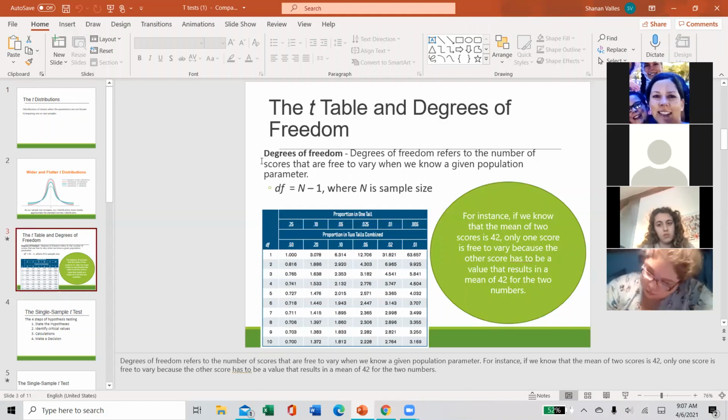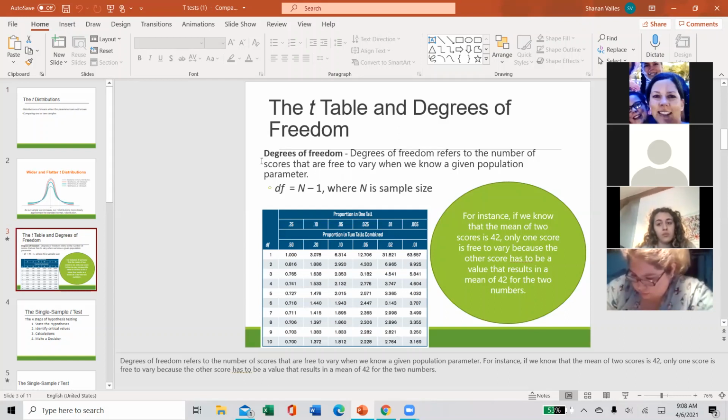But if you remember, I gave an example about degrees of freedom, the first day of class in the real world. We're standing in the hallway, going into the classroom, and I'm having you all draw numbers from a bag to determine which chair you're going to sit in. The first person who draws has the most degrees of freedom.